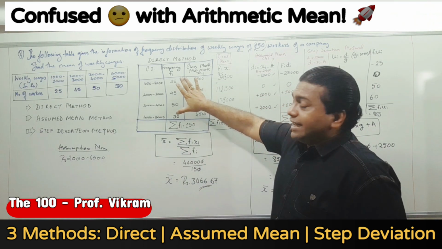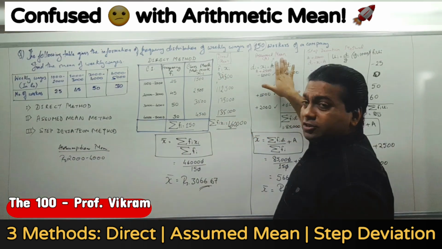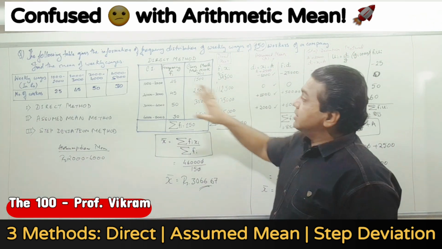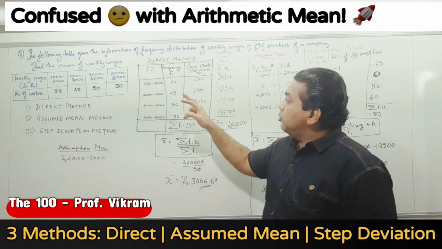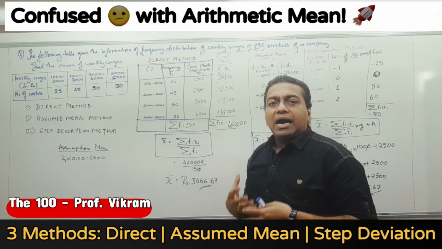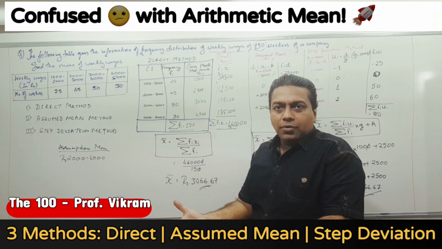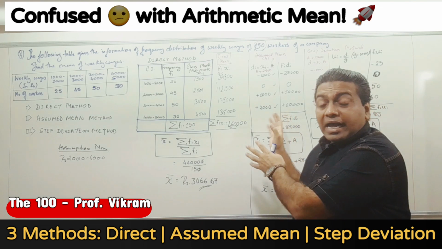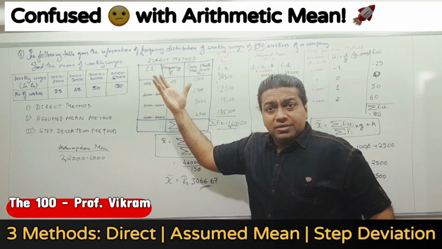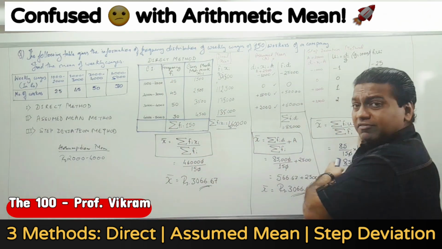So in direct method, assumed mean method or step deviation method, Ci, Fi, Xi is going to be there. So look at Fi and Xi value. If your Fi and Xi values are pretty high, then you can go with assumed mean method. And if they are very, very steep high, then go by step deviation method.